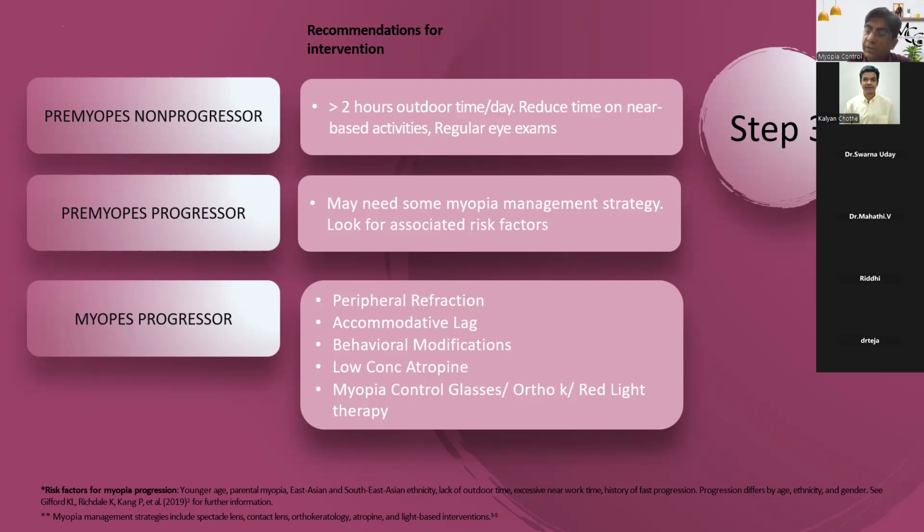Number two is that once you become a myope, it is very easy to progress, but the major goal is to stop progression at pre-myopia. If you can make them understand that, that would be the main part of all this myopia management. If you can stop him here itself at emmetropia, that would be the main thing.